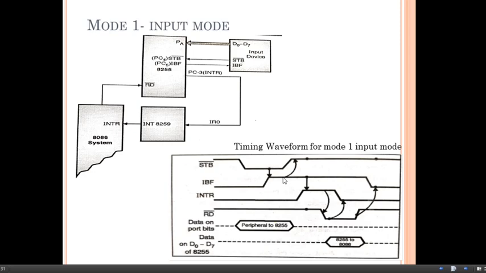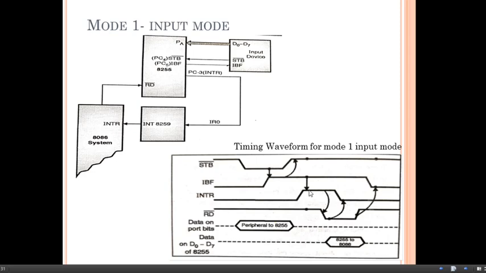That means when IBF is 1, strobe is 1 and INT is 1, the INTR signal will be activated. So once these signals have the value 1, this INTR signal is also generated by this 8255.